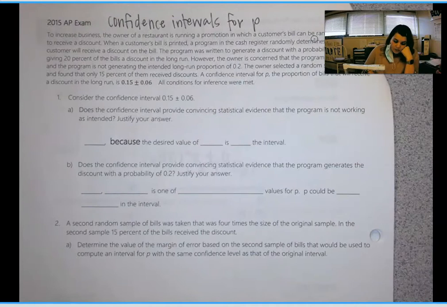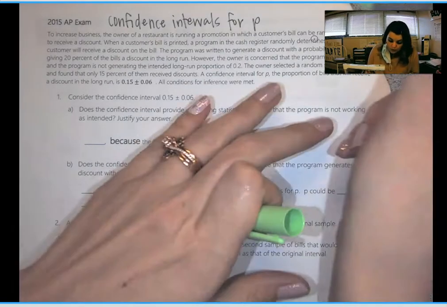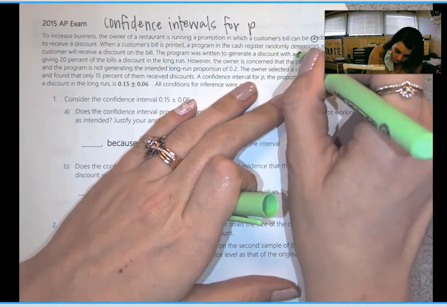To increase business, the owner of a restaurant is running a promotion in which a customer's bill can be randomly selected to receive a discount. When a customer's bill is printed, a program in the cash register randomly determines whether a customer will receive a discount on the bill. The program was written to generate a discount with a probability of 0.2 or 20%.